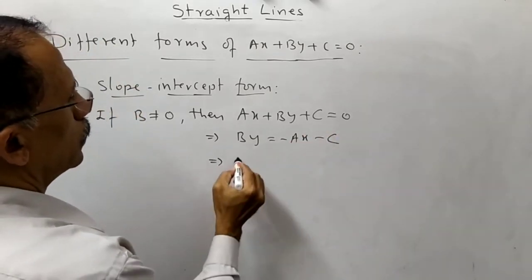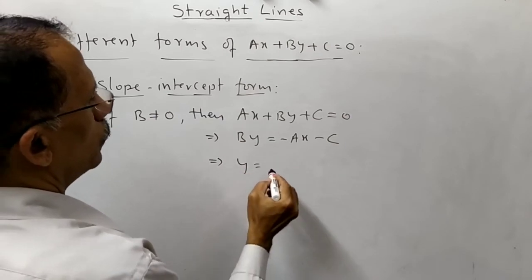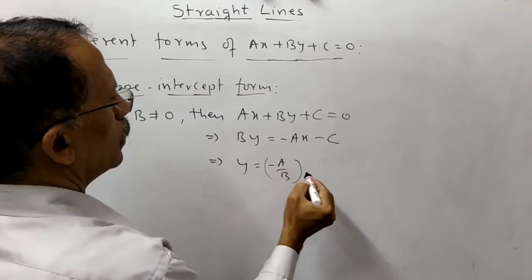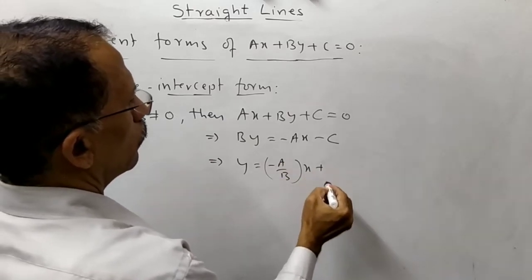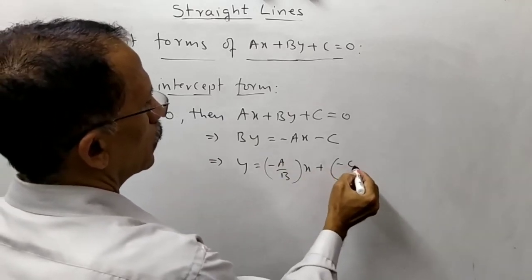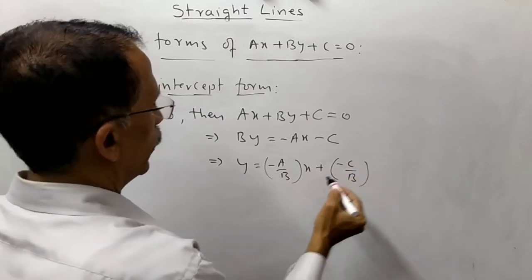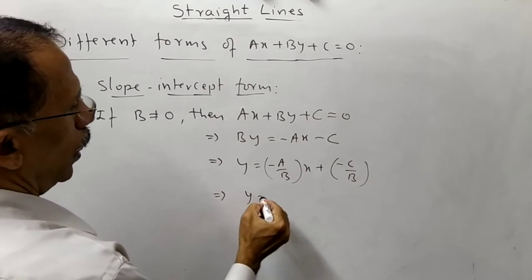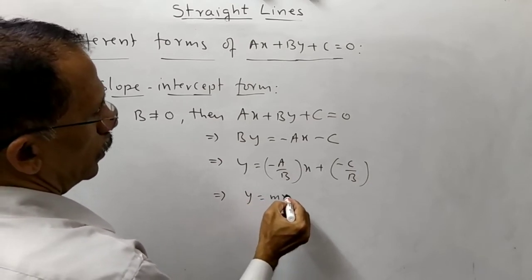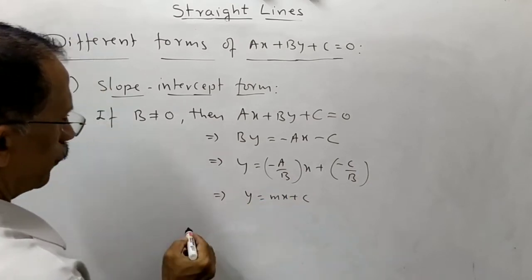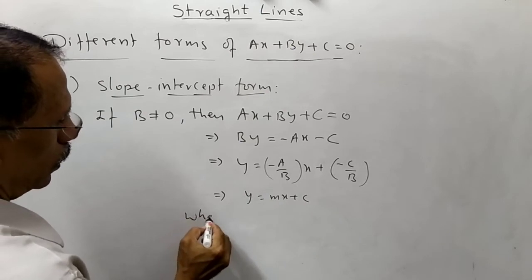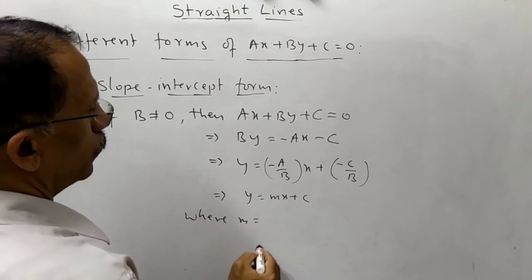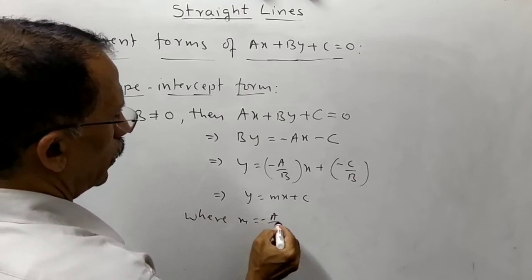This implies y is equal to minus a by b into x plus minus c by b, implies y is equal to mx plus c, where m is equal to minus a by b.